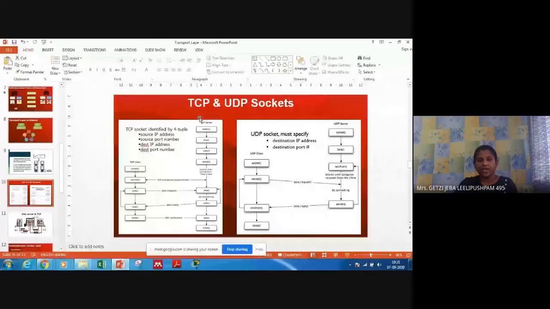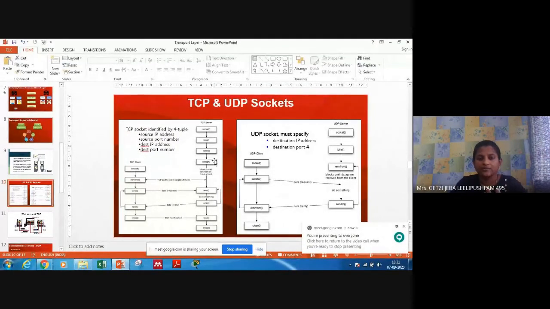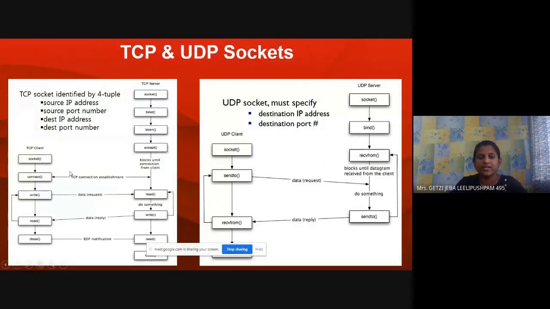The TCP has 4 tuples: source IP, source port number, destination IP, destination port number. It has 4 tuples, but UDP does not have that. Why? What is the reason? Can you get the reason from this picture at least? Anybody could answer?